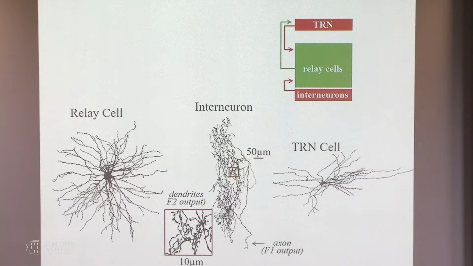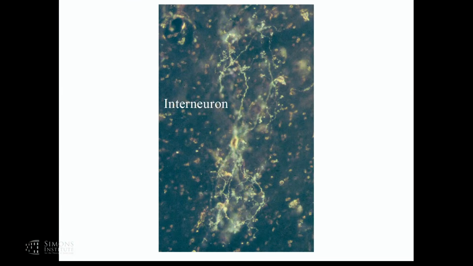What's interesting is their dendrites, here's a blow-up, also have bulges that look like synaptic terminals. Most of the synaptic outputs of an interneuron come not from the axon, but from the dendrites.